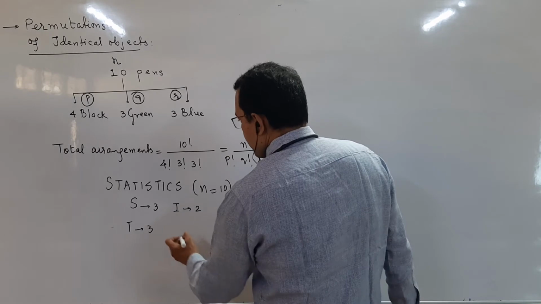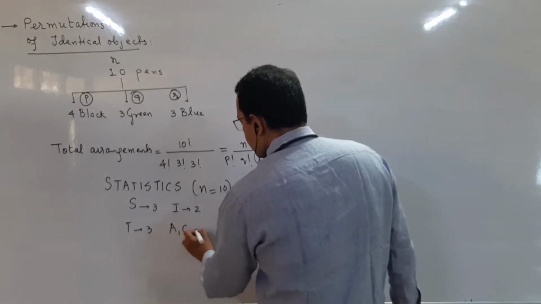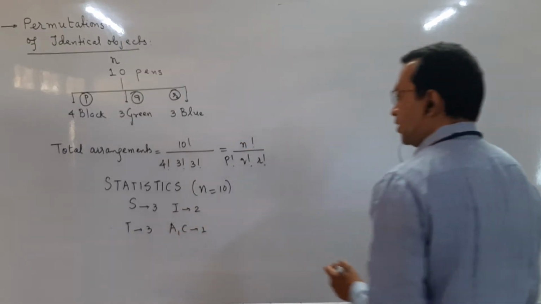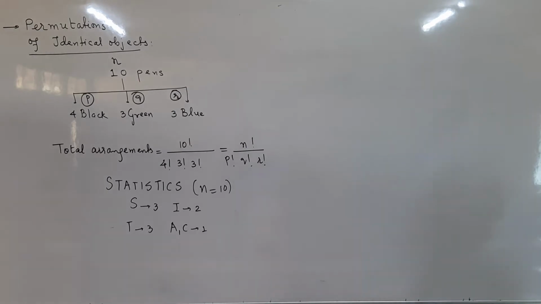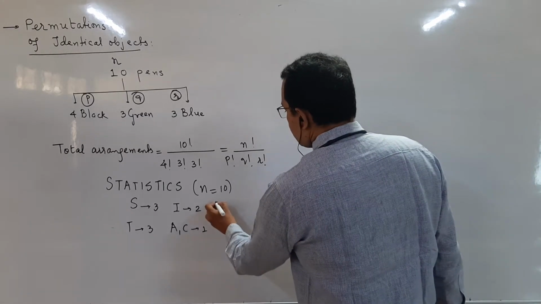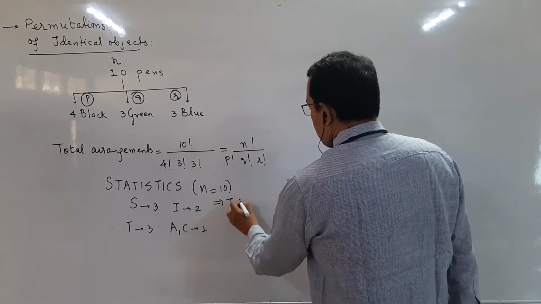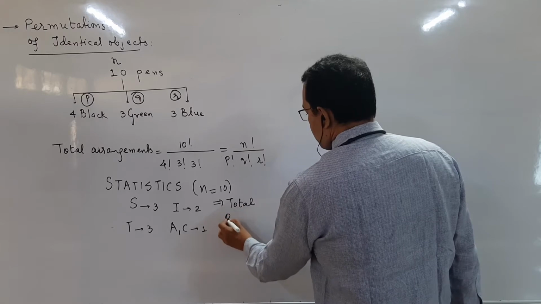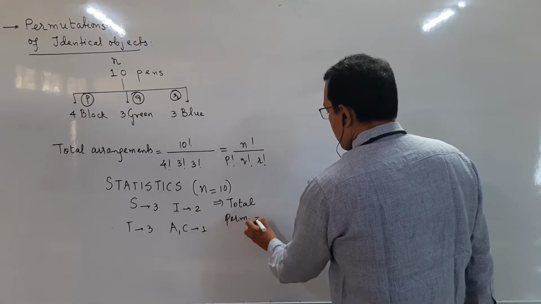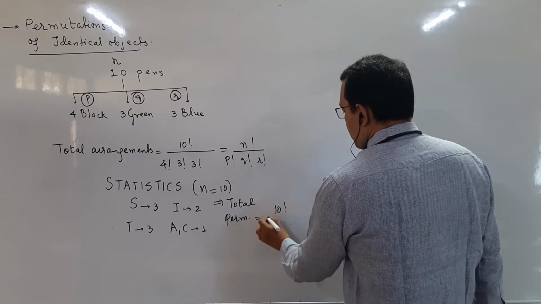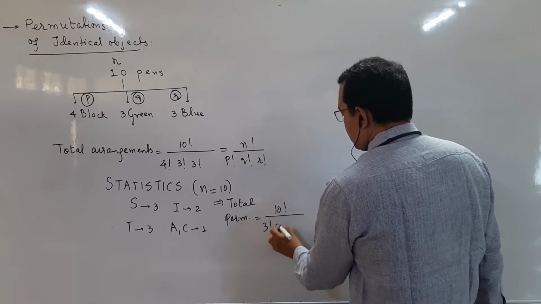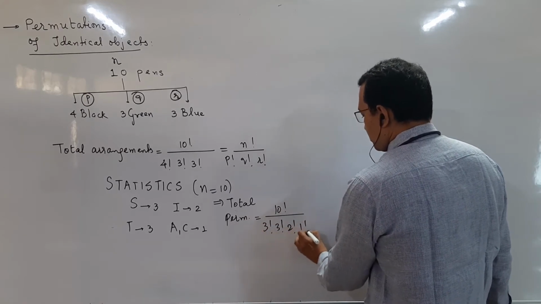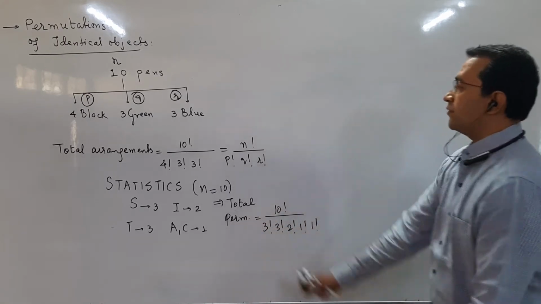And A and C are repeated once each. So 6 and 2, 8 and 2, 10. Then the total permutations of this word are 10 factorial divided by 3 factorial, 3 factorial, 2 factorial, 1 factorial, 1 factorial.